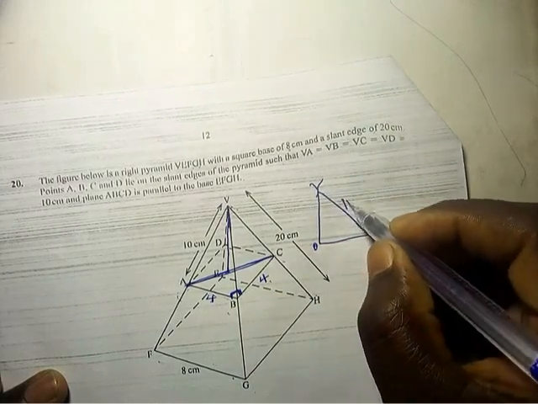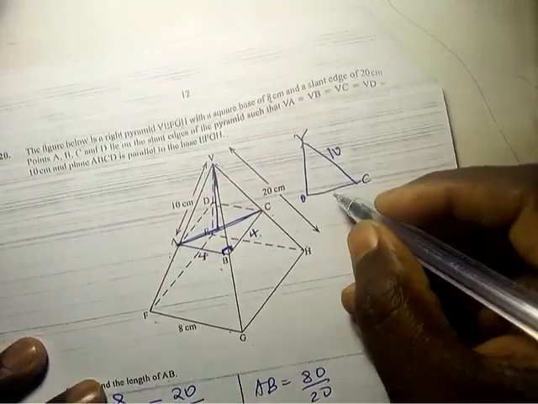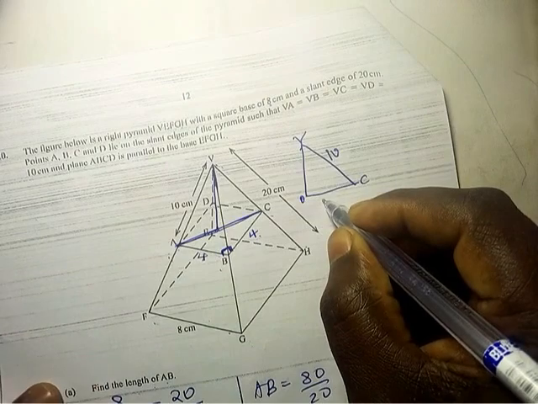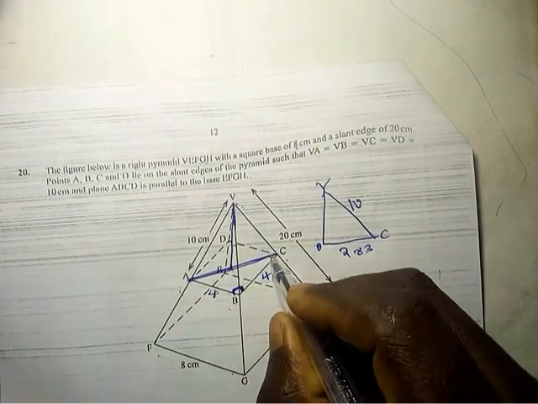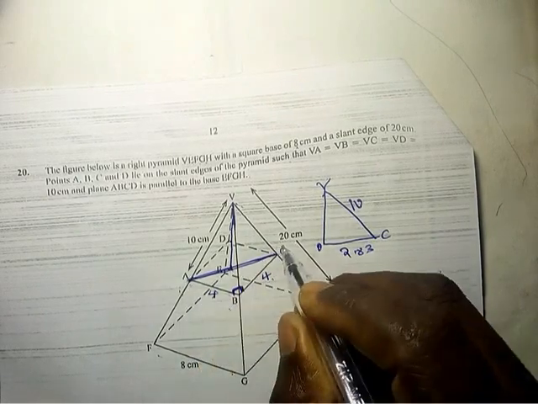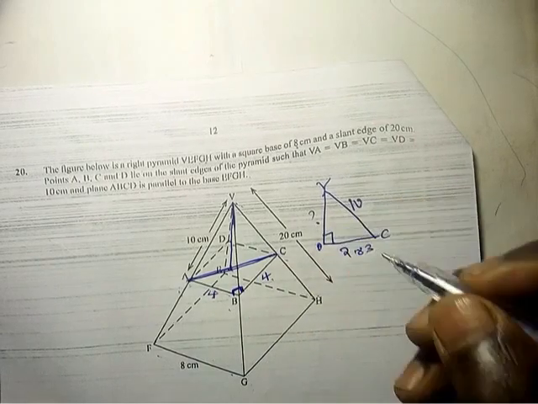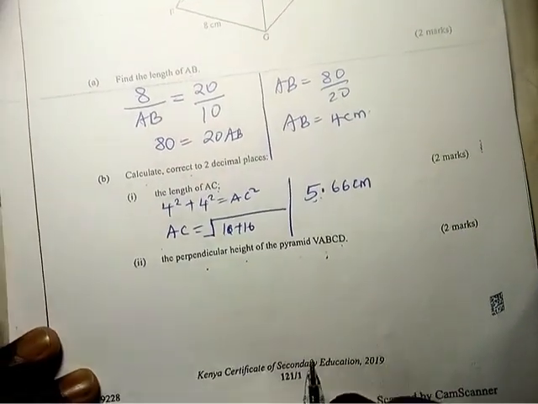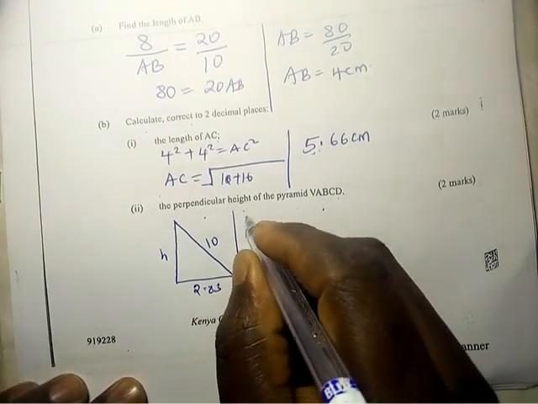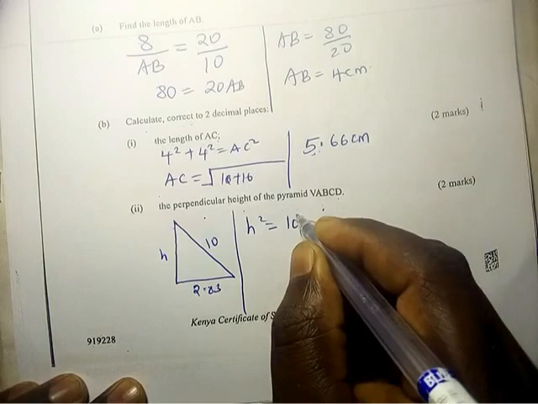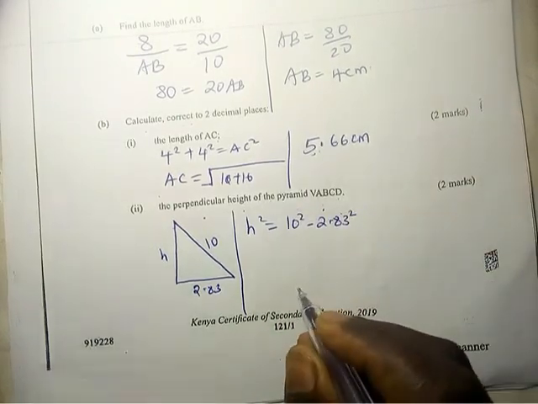So this one is 10. This one was 5.66 divided by 2, so it will be 2.83. From here to here it will be 2.83, which is half of AC. Now this one is going to be a right angle, so we calculate h like that. h squared is equal to 10 squared minus 2.83 squared, Pythagoras theorem.